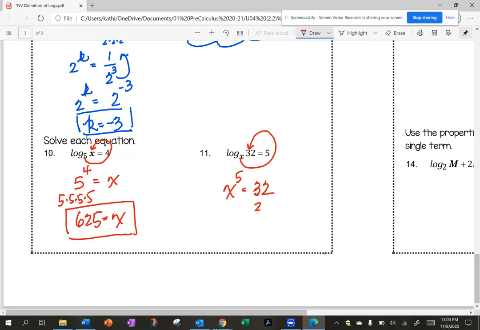So I know 32 is 2 to the 5th. So this is x to the 5th equals 2 to the 5th. So when the exponents are equal, then my bases are equal. So x equals 2.